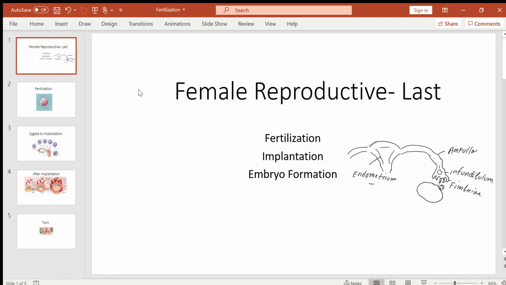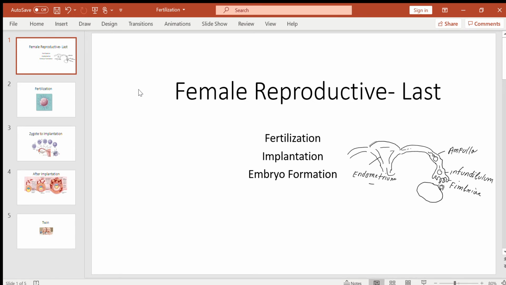And when the egg or ovum arrives in this area in the infundibulum, if sperm enters into the female body, this sperm will travel a long way and will get attached to the ovum or egg.